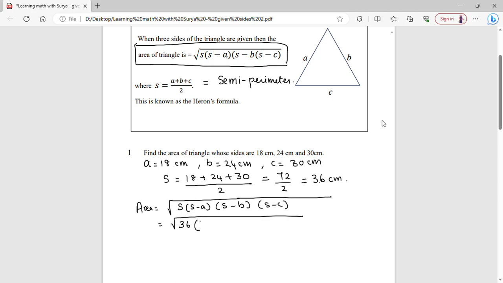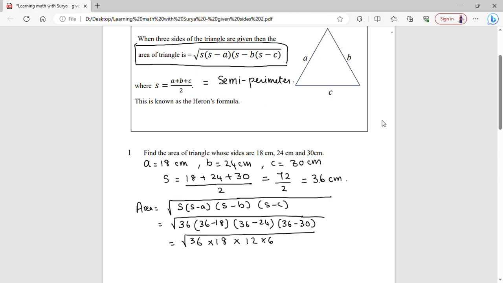Then S is again 36, all the S's are 36. A is 18, B is 24, 36 minus 30, right? So this becomes square root of 36. Now 36 minus 18 is 18 multiplied by 18 multiplied, this is 12 and this is 6.